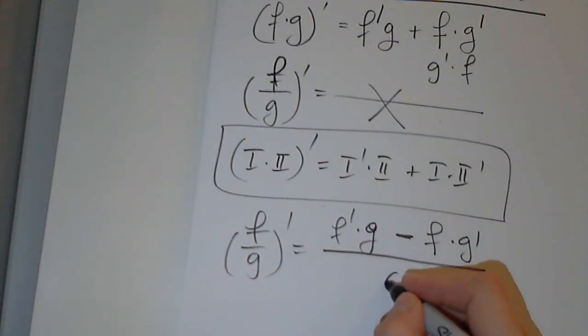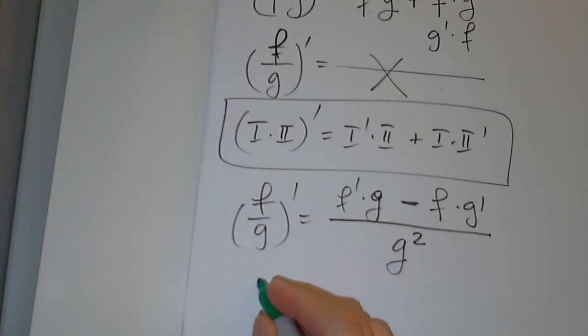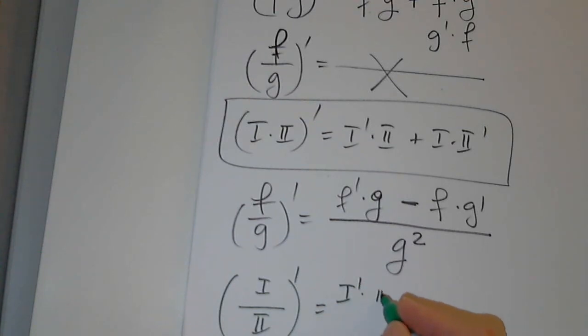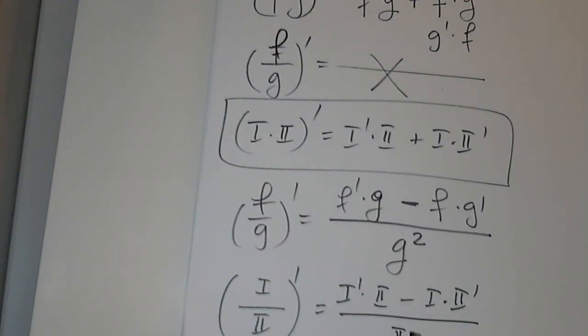And the denominator is not differentiated but squared. Again, if you like this particular structure, you don't have to. You will not ever hurt my feelings if you use a different method. So it's 1 prime times 2 minus 1 times 2 prime, divided by 2 squared.